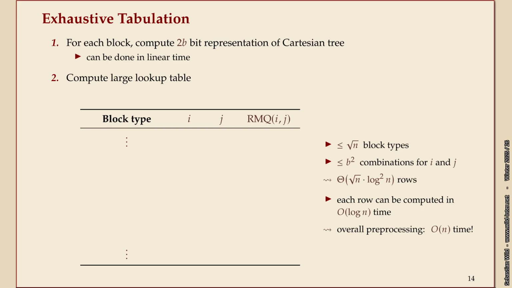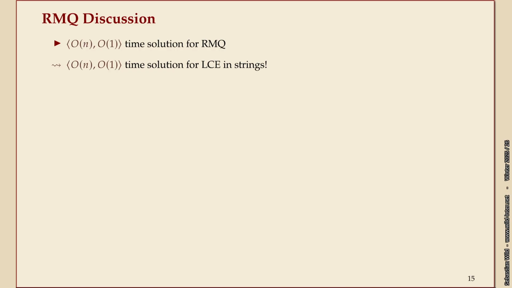How much is this going to take us to do? The square root n block types, because b is so small, b squared combinations at most. So in still very, very little O of n time and space, we can fill this table. And with that, we found a solution for range min queries that, at least in theory, is perfect.